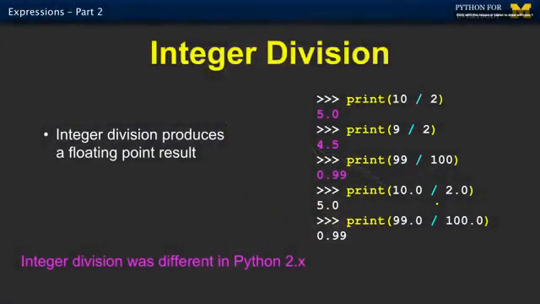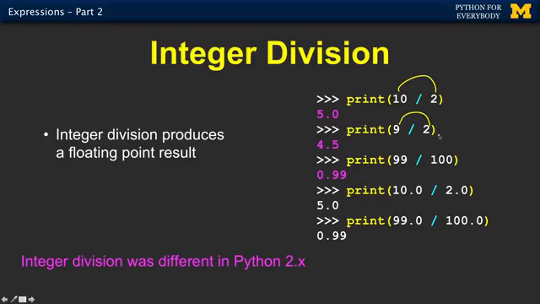Integer division is something that actually changed between Python 2 and Python 3. It's one of the bigger non-upwards compatible changes between Python 2 and Python 3. And so this we're just reviewing. There are some things that were different in Python 2. So 10 divided by 2, even though those are both integers, produces a floating point result. This doesn't make much difference if these are evenly divisible, but if they're not evenly divisible, it makes a big difference.